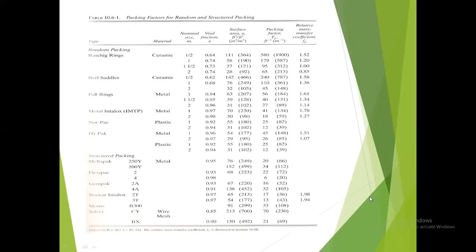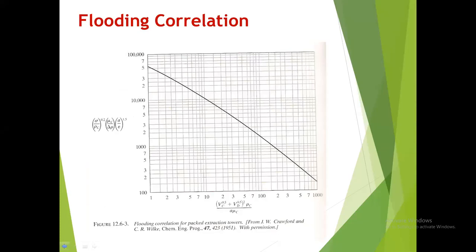And look for the flooding correlation diagram. This one. So your 902.8. This is 100, this is 200, 300, 400, 500, 600, 700, 800, 900. This is the 900 here. 902, so a little bit above that one. So I'll just put here a mark that is a little bit higher than the 900, more or less this one.